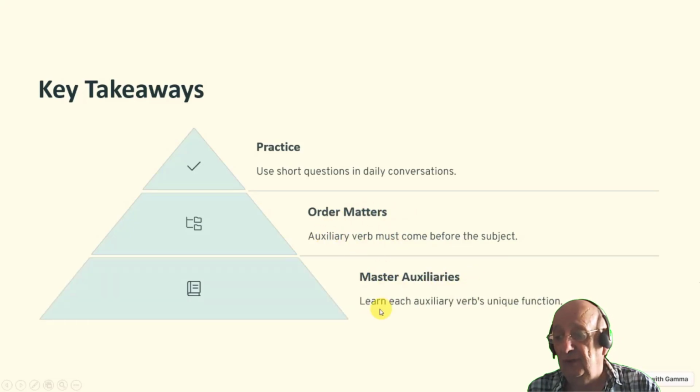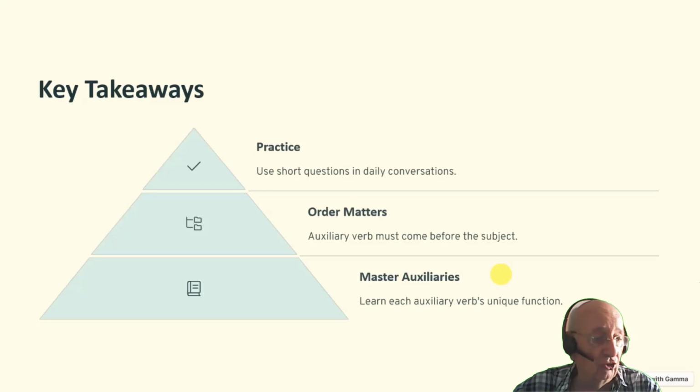Master auxiliaries. Learn each auxiliary verb's unique function. That is quite important to learn, so that you don't mix them up. Because if you're going to mix them up, somebody will realize quite quickly that you're not really an English speaker, put it this way, right? I've noticed this many times, and I keep mentioning it to you, that I've been teaching for many years in Southeast Asia, Thailand, and Cambodia.